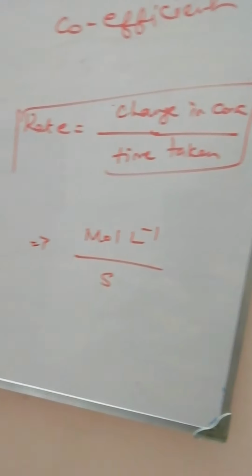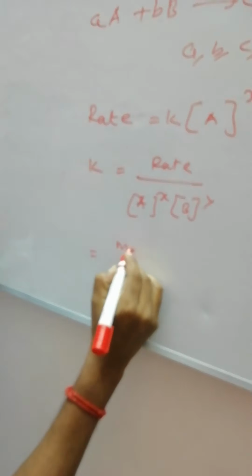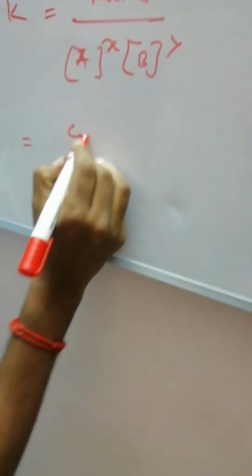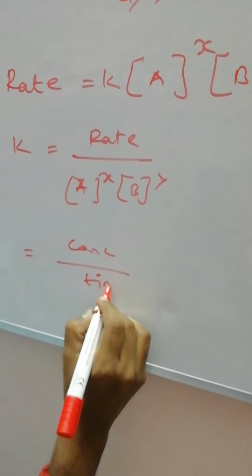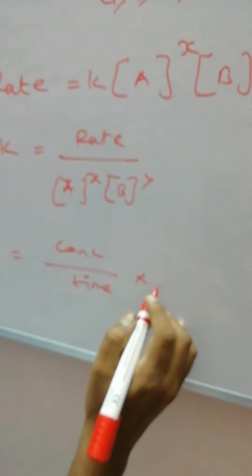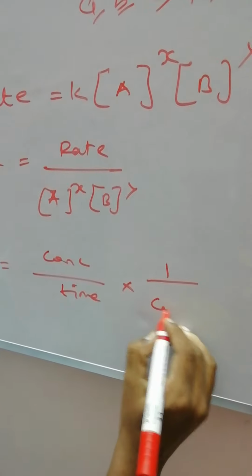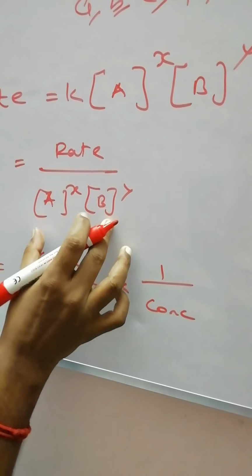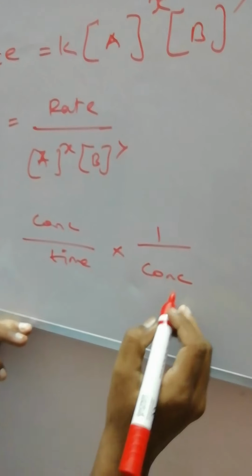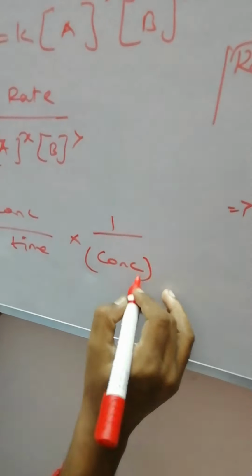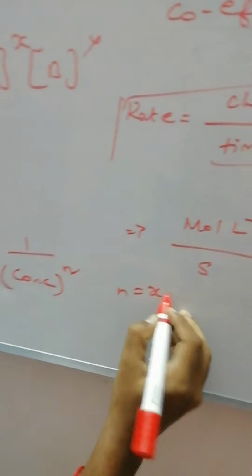Substituting, we get concentration by time into 1 by concentration power n, because it is in the denominator, and if it goes to the numerator it becomes the reciprocal. What is n? n equal to x plus y.